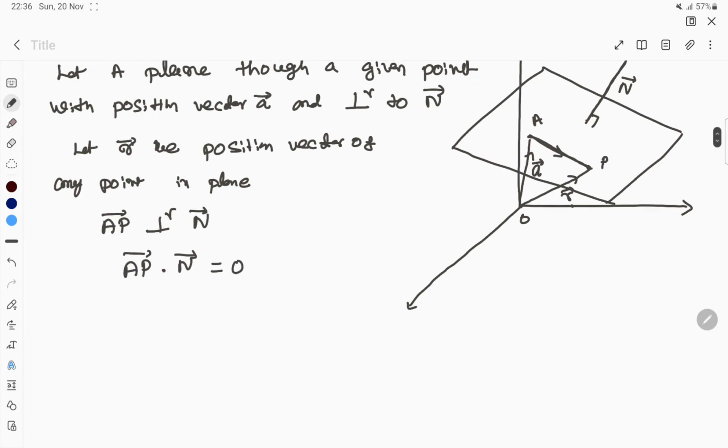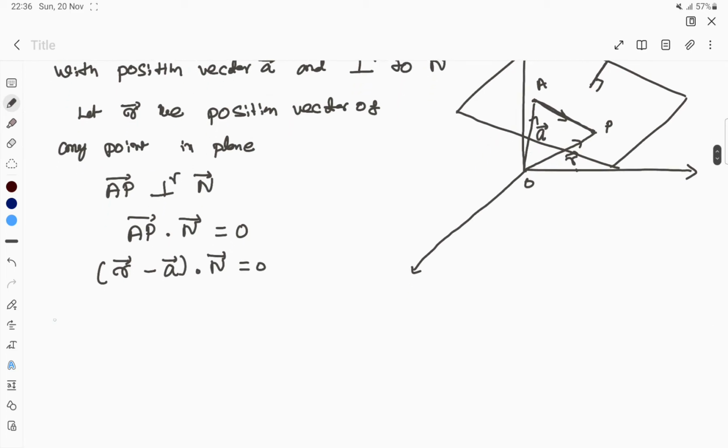We know how to write AP: here P is the final point and A is the initial point, so AP is vector R minus vector A. So (R minus A) dot n equals 0. This gives the equation of the plane perpendicular to a given vector and passing through a given point in vector form.